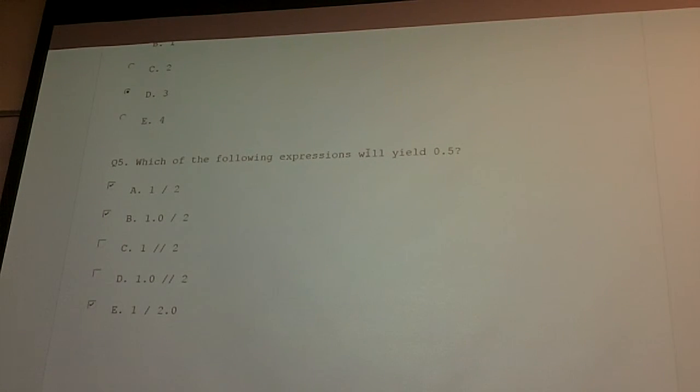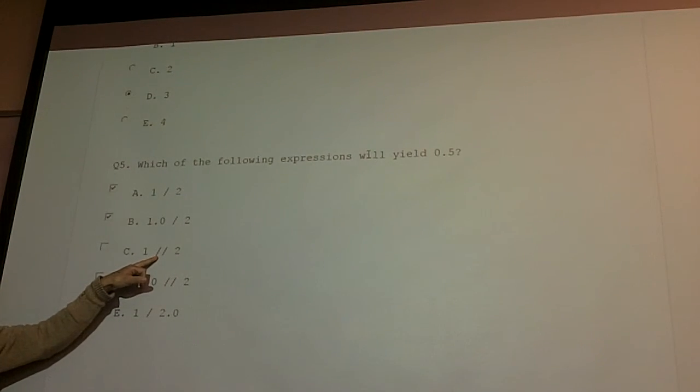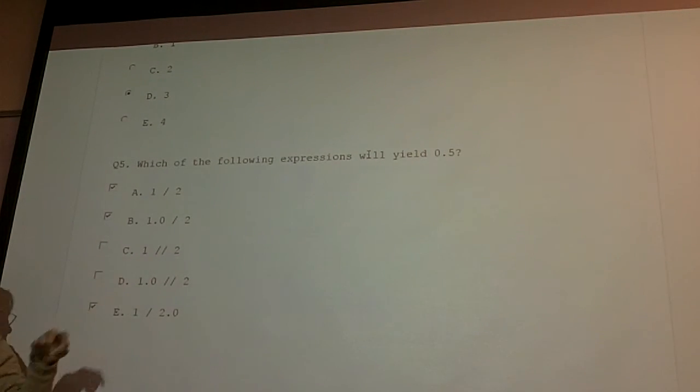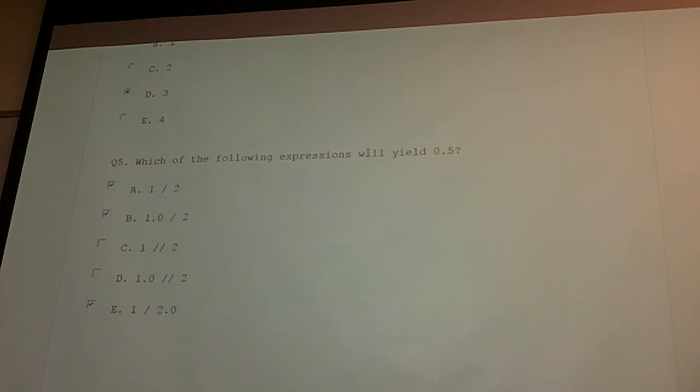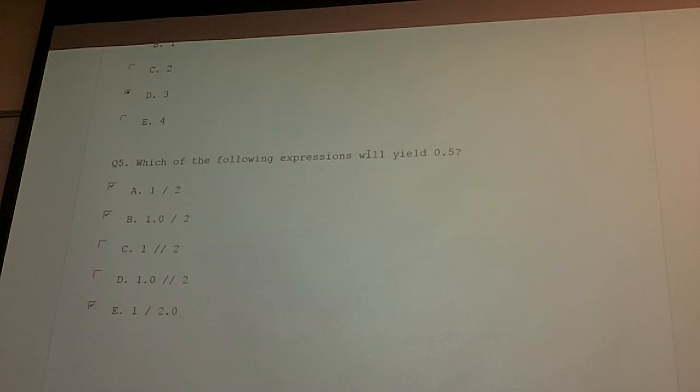And this is called integer division. Three of them are float division, two of them are integer division. So there's a difference between the two.